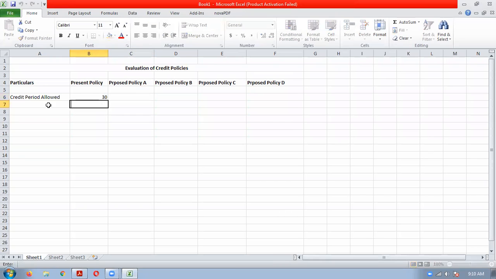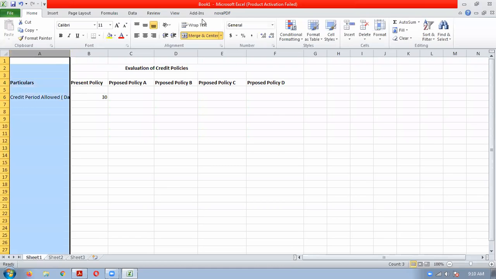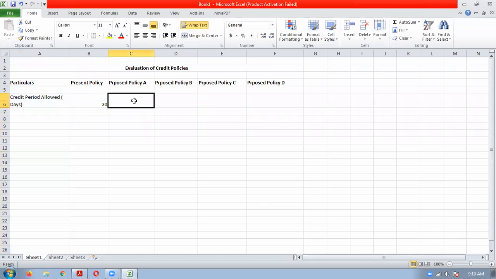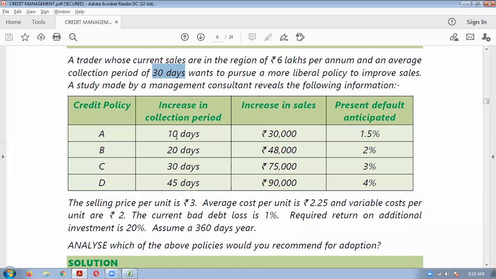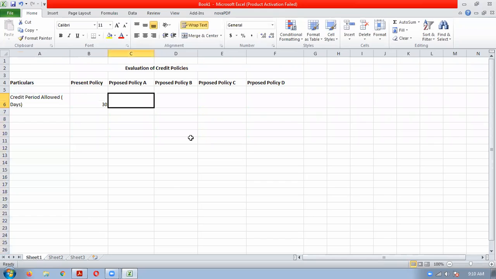You can write days here only so that in each part you need not write again. Increase by 10 days means it will become 40, 50, 60, and 75 respectively.